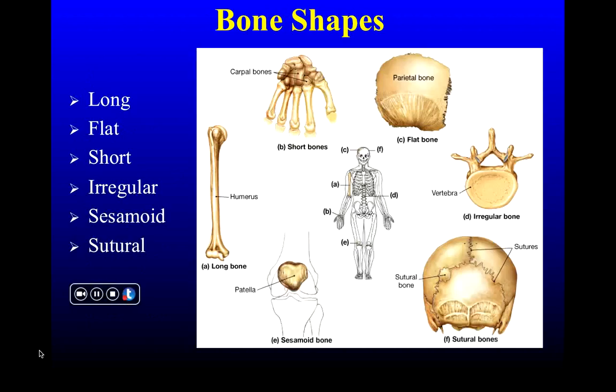So you've also noticed that bones aren't all the same shape. When you think of bone, you probably think of this long bone here, and that's typically what most people think of. But you have the bones in your hand, the flat bones in your skull, then you got these crazy shaped bones in your vertebrae, and all kinds of different shaped bones.